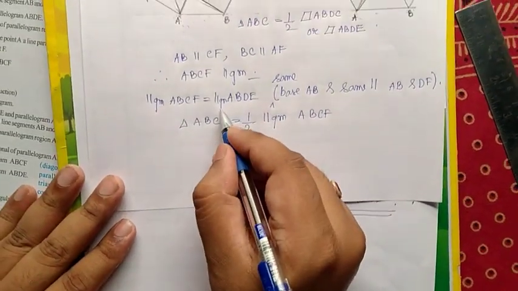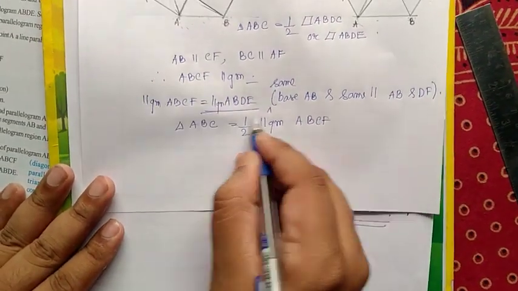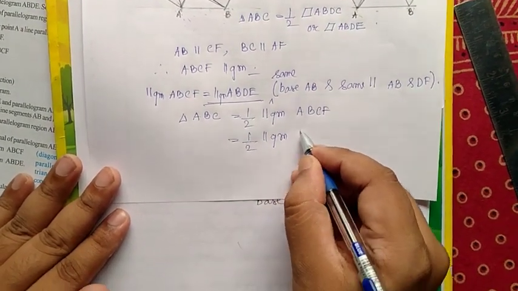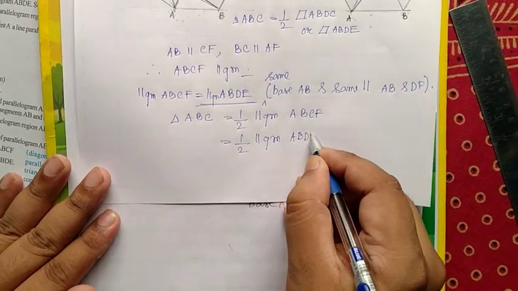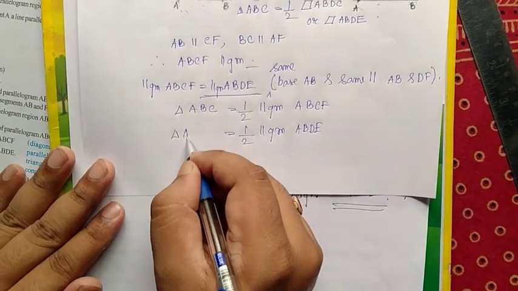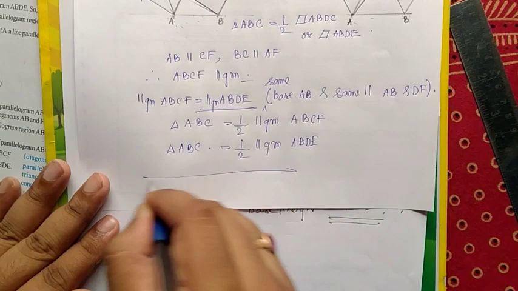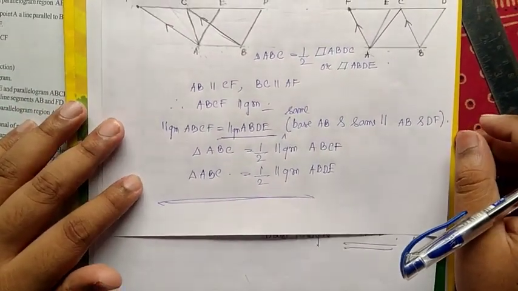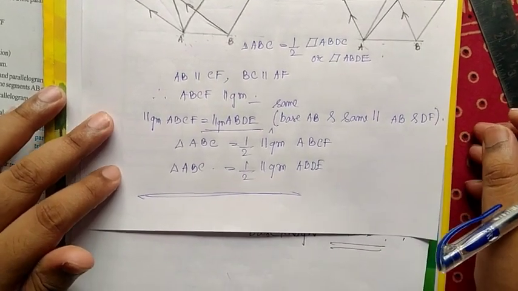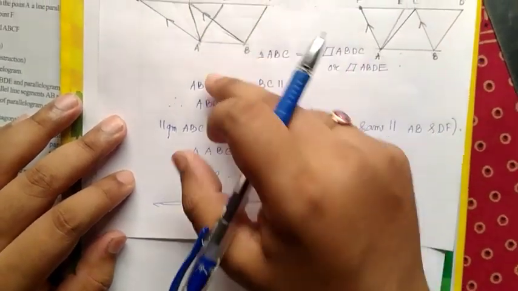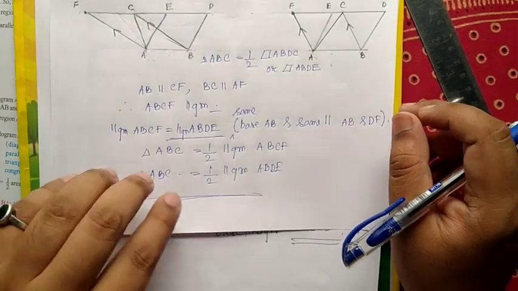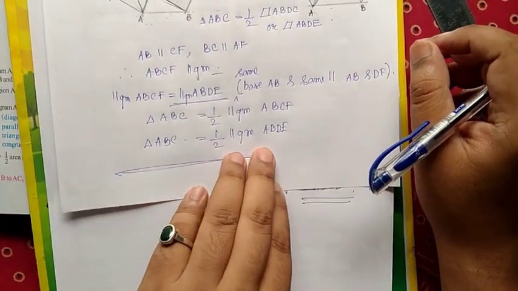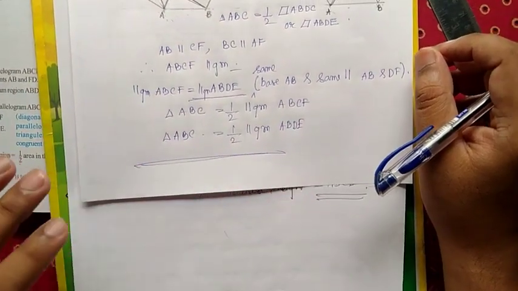Now we know parallelogram ABCF is equal to parallelogram ABDE, so therefore it is half of parallelogram ABDE. So here we prove that if a triangle and a parallelogram are on the same base and between the same parallels, the area of the triangle is always half of the area of the parallelogram.